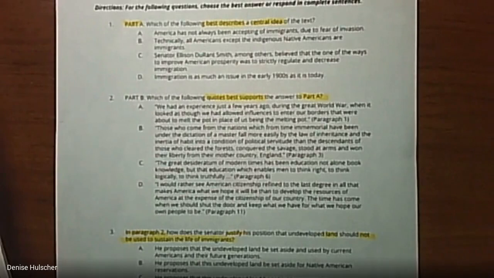So could it be A, America has not always been accepting of immigrants due to fear of invasion? B, technically all Americans except the Native Americans are immigrants? C, Senator Ellison Durant Smith, among others, believed that one of the ways to improve America's prosperity was to strictly regulate and decrease immigration?